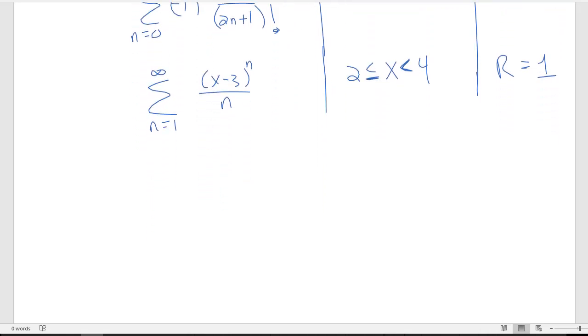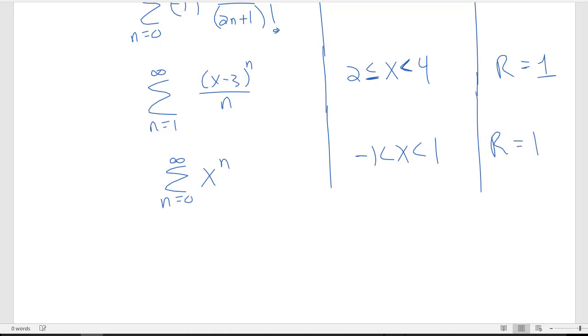The other series that we looked at was the sum of x to the n. And again, that represented the function 1 over 1 minus x, which is not our focus here. Because that was geometric, we knew its interval of convergence was -1 to 1, and that radius would be 1.